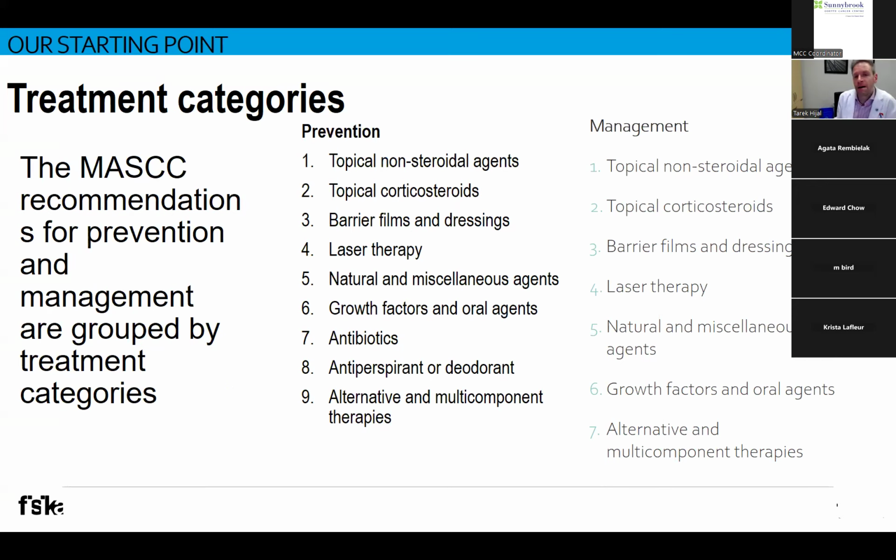You can see them there, because we were going to look at everything that had been tested up to now: NSAIDs, corticosteroids, films, dressings, moisturizers, antibiotics, and looking, obviously, like in the MASC paper, at prevention and management.